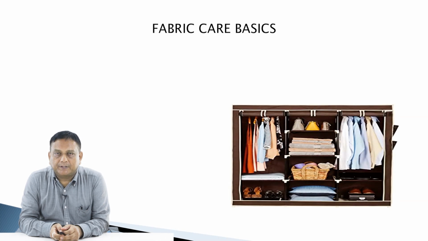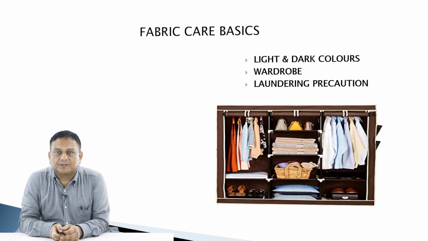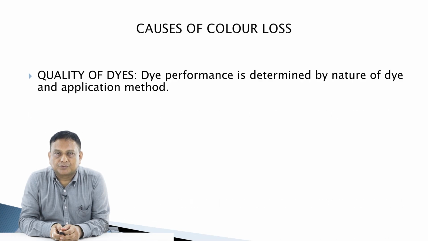In the wardrobe, various kinds of garments are available, which can be light or dark color or different other styles, and different precautions need to be taken. Laundry precautions are to be taken to wash those garments. One of the important aspects of care instruction is color loss.